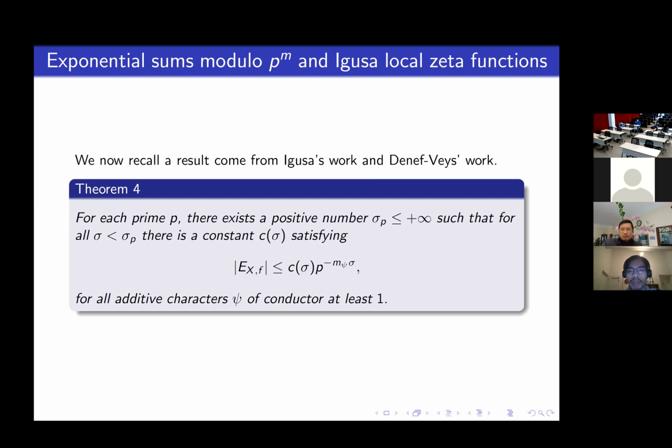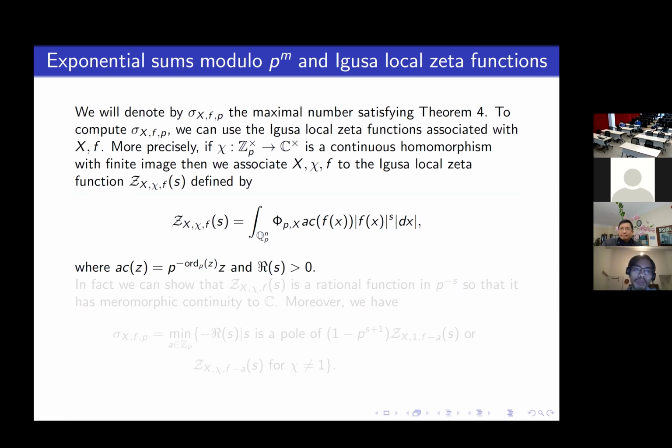Of course, we have so many such sigma_p, and I will denote by sigma_{X,f,p} the maximum number satisfying Theorem 4.